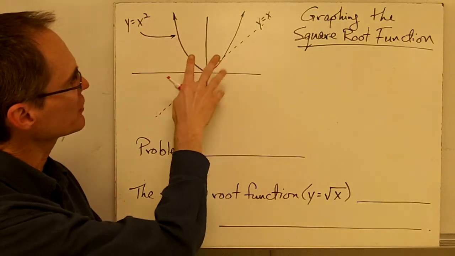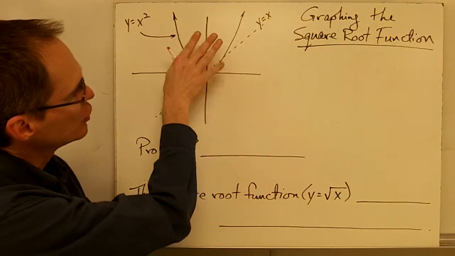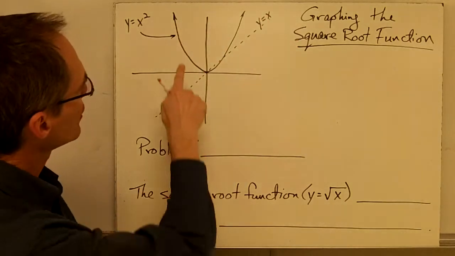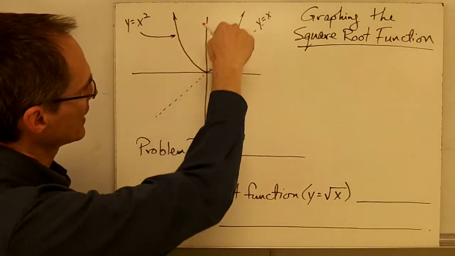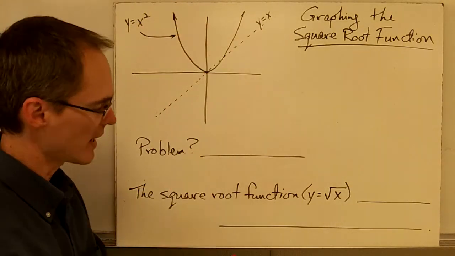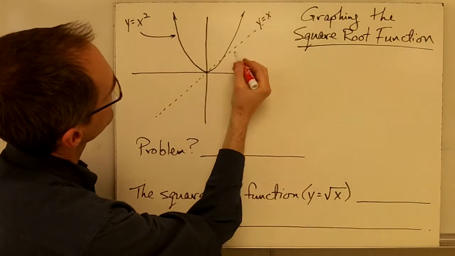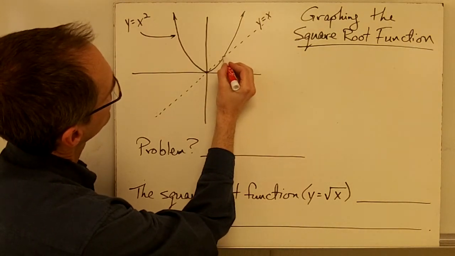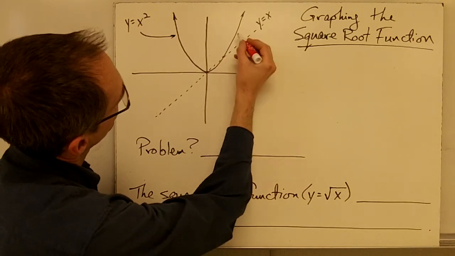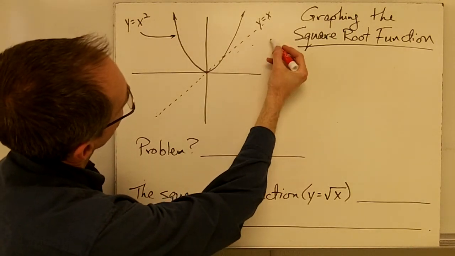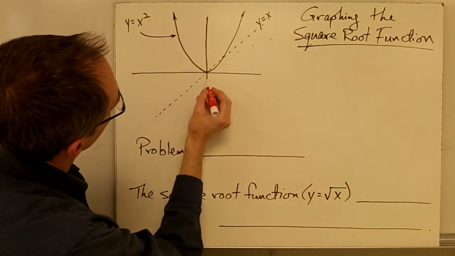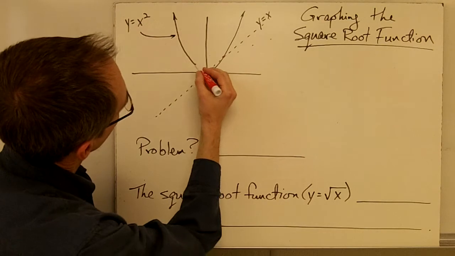To find the inverse of a function, you reflect it across the line y equals x. So if I take this U-shaped function and reflect it across this diagonal line y equals x, I'm going to get something. Let's take a few points here. Each one of these points I reflect across this line, and each one is going to come over here.